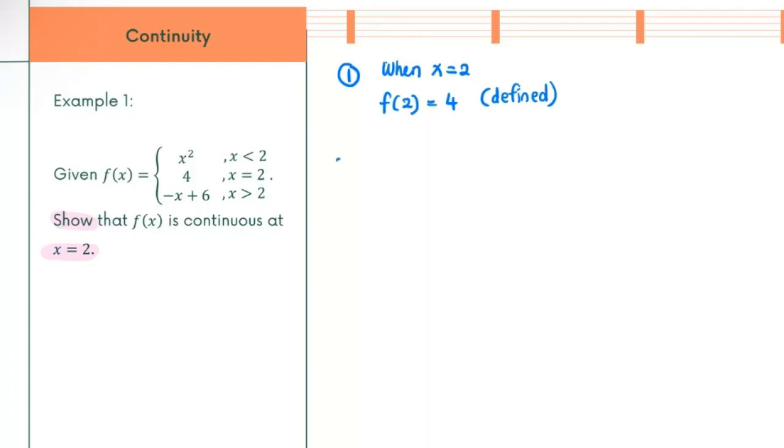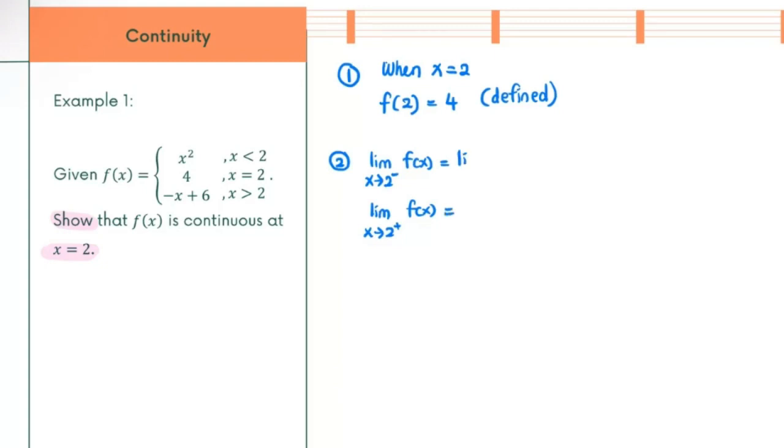Okay, now let's check the second condition. Second condition adalah limit exist ataupun tidak. Okay, so kita akan check limit of x approaching 2 from the left of our function. Dan kita akan check limit of x approaching 2 from the right of our function.